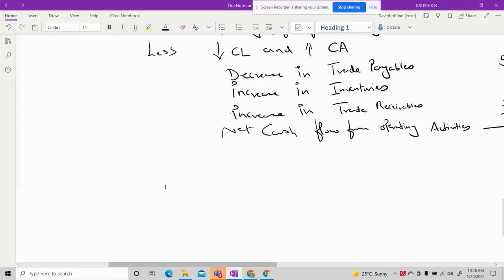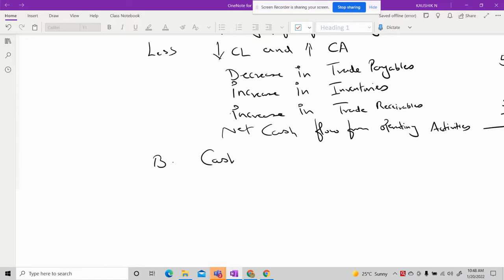So B, I'm going to write it here. It is cash flow from investing activity. Under this, I could see that we have done a purchase or we have done a sale. We have done sale of machinery, and also purchase of machinery.